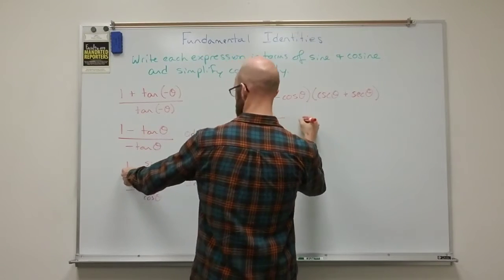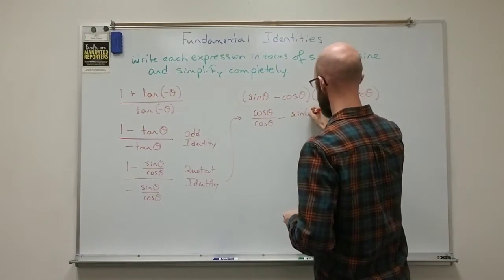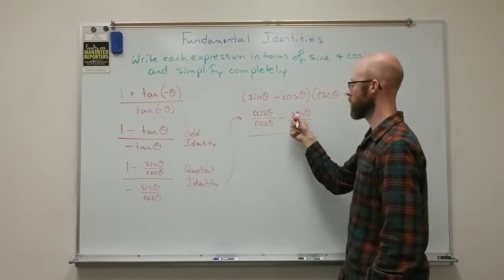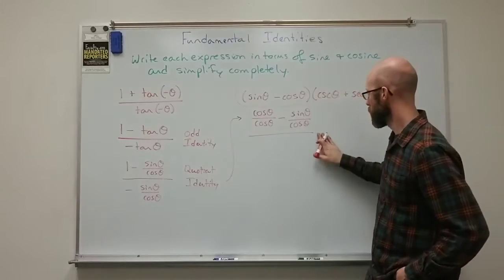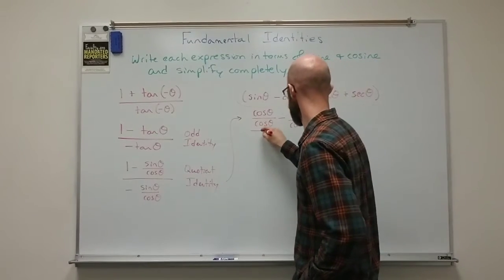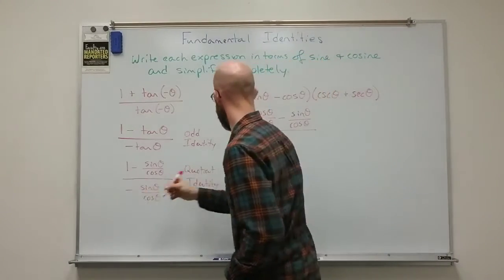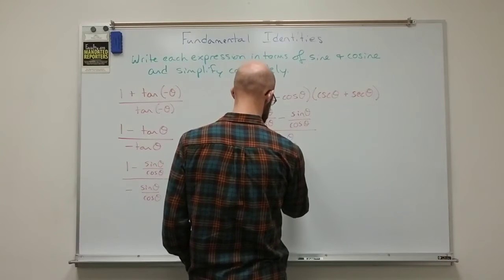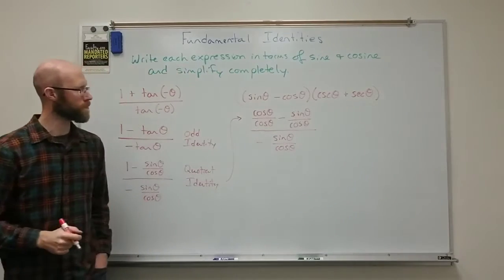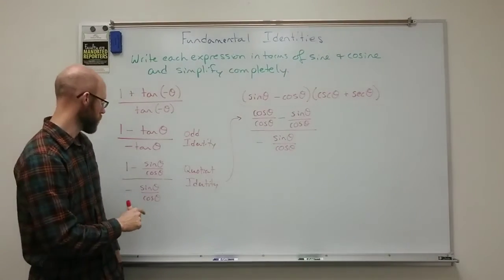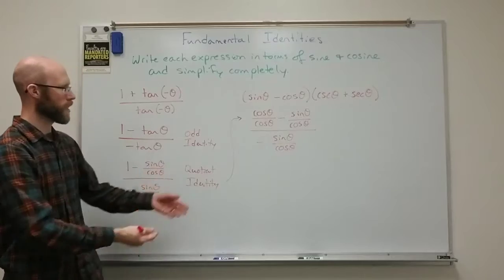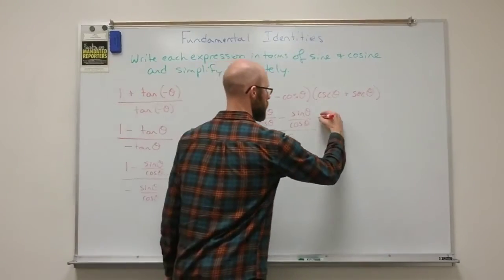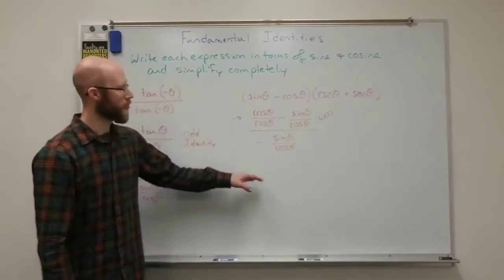That's my 1, minus the sine of theta over the cosine of theta. So that's my numerator. And then I have a negative sine theta over cosine of theta on the bottom. Of course that's done by getting an LCD. I'm not going to write it all out, we'll just say LCD there. That's the rationale.